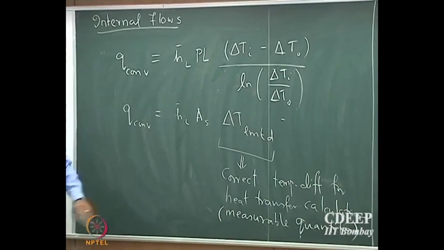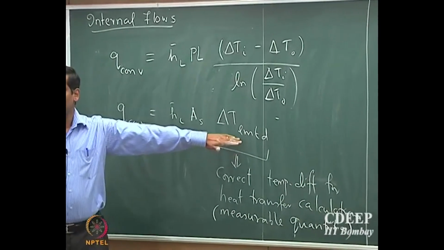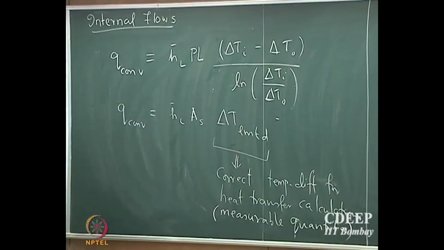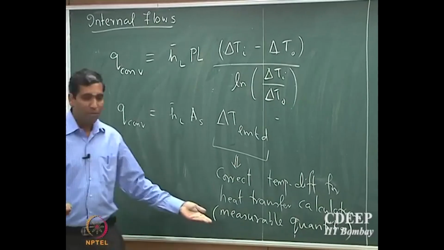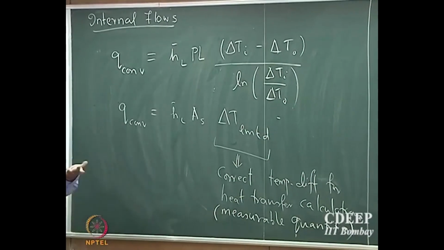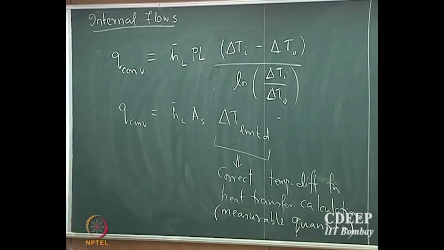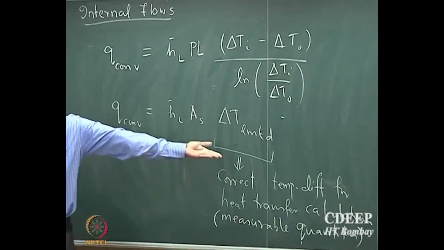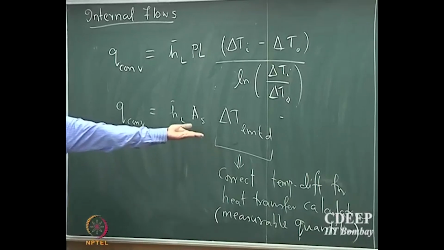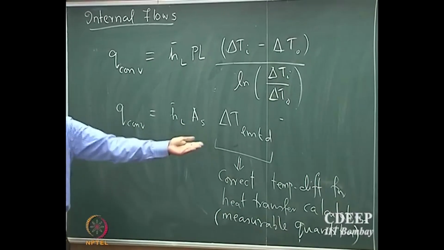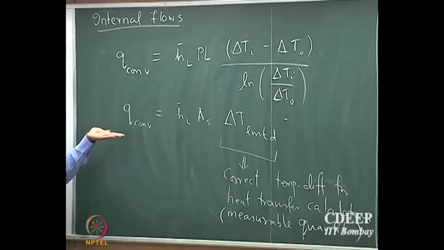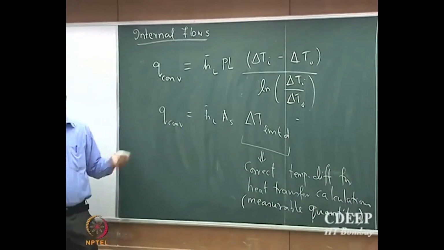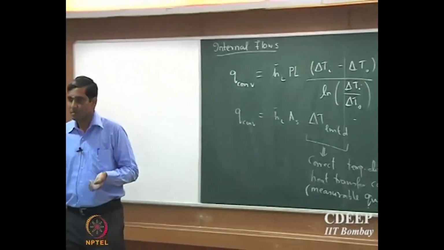The reason why this is the correct measure is that you cannot measure the local temperature profile. So the only measurable properties you know are the inlet and the outlet temperatures. So if you know the inlet and outlet temperatures, then the log mean temperature difference is the correct temperature difference that you have to use for finding the total amount of heat that is transported.